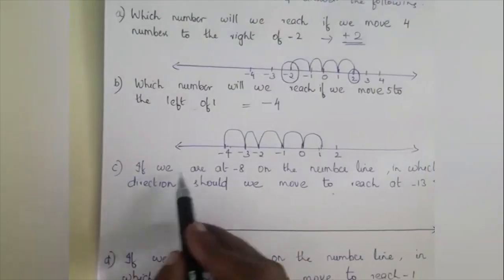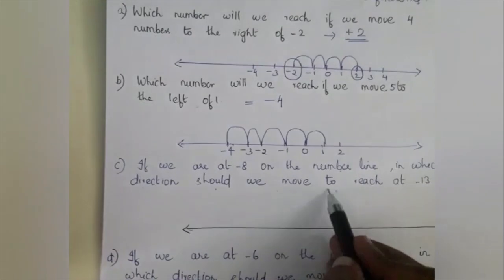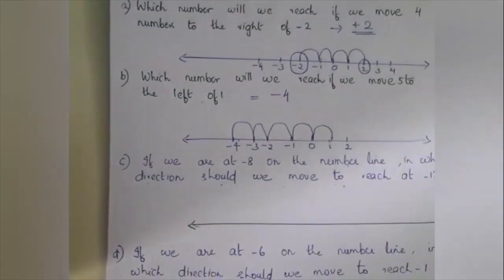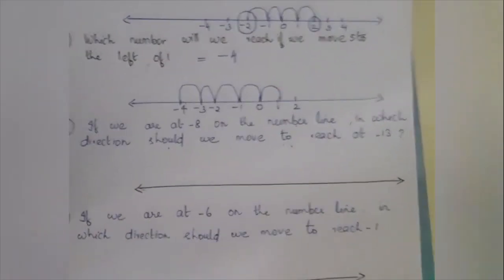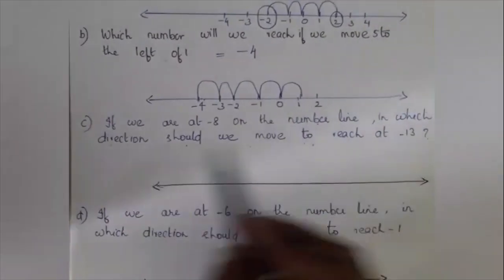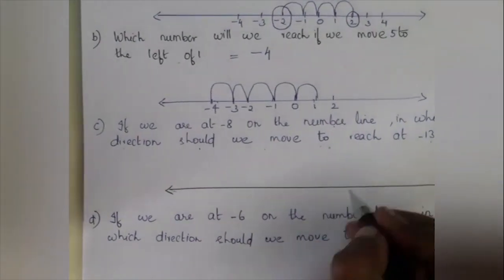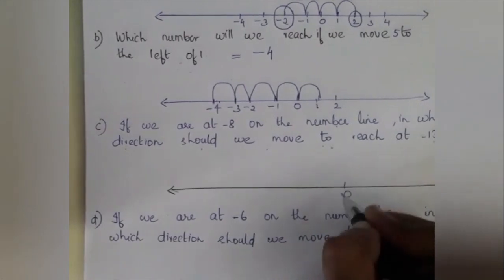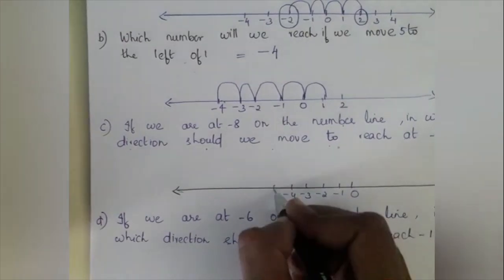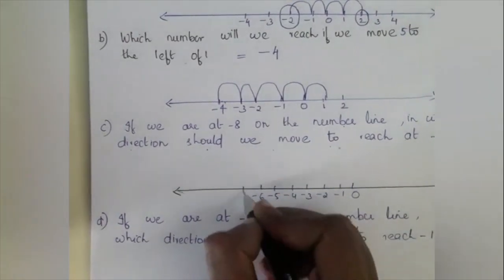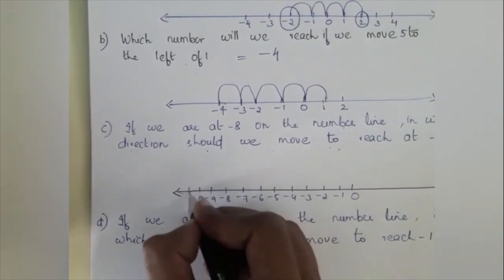So next question. If we are at negative 8 on the number line, in which direction should we move to reach negative 13? So number line: 0, minus 1, minus 2, up to minus 8, minus 9, minus 10, minus 11.